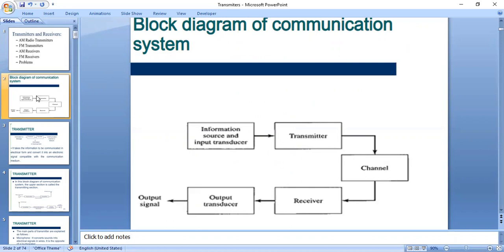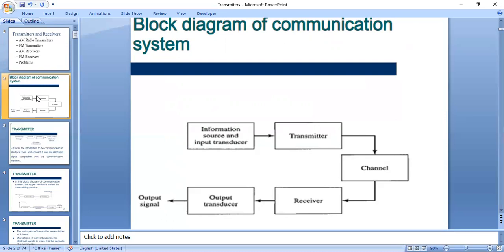To generate the information signal, which is called the modulating signal or message signal, we need a source to generate the information, and whatever information is generated from the source will be in non-electrical form. So this non-electrical form should be converted to electrical form by using an input transducer.